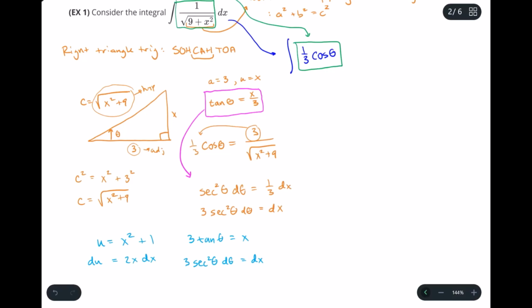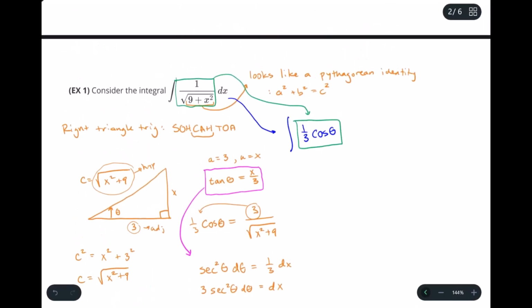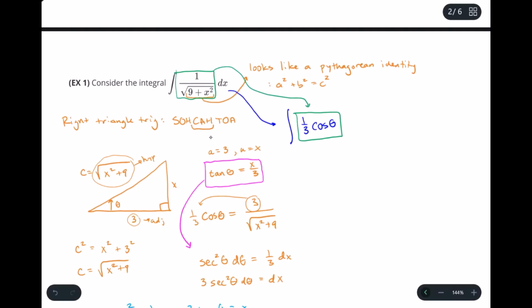Okay, so now I also have something to replace for dx. It becomes 3 secant squared theta d theta. All right, at this point, there are some things I can simplify. Clearly, 3 and 1/3, that's no problem.